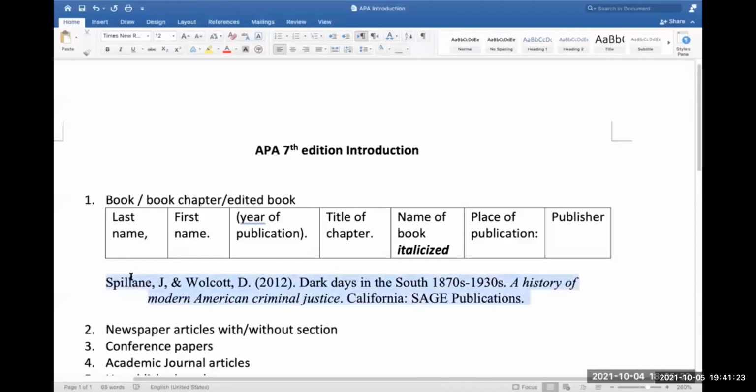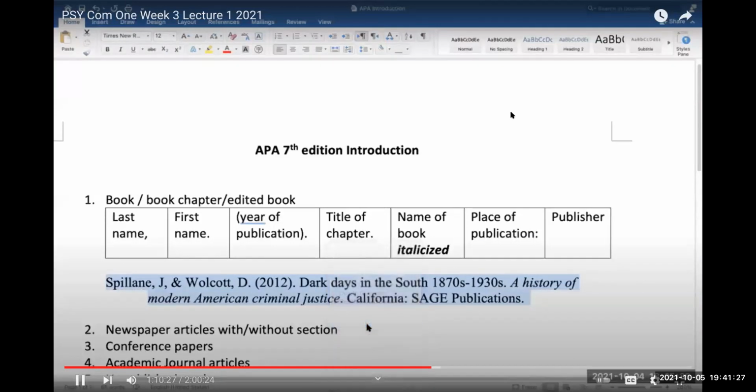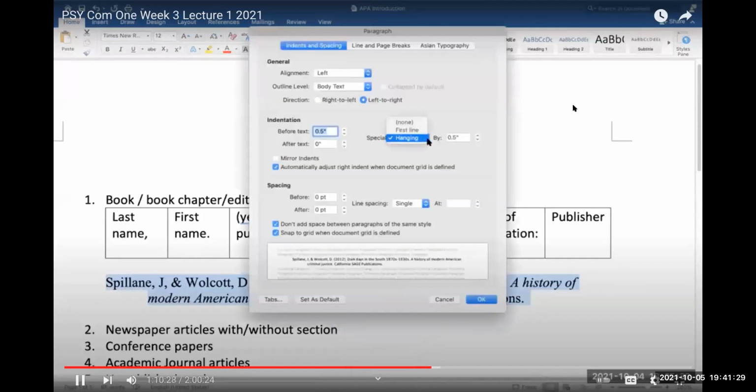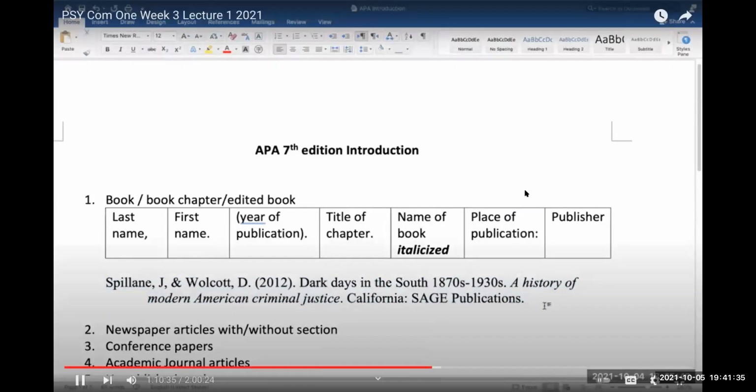I usually just do it this way. Then go here, then you go paragraph. Once you go paragraph, you go special, you click on hanging and all of that. But you'll get it. All right. So this is a book. Let me check one thing, because I've been doing this thing forever. I think sometimes my map.